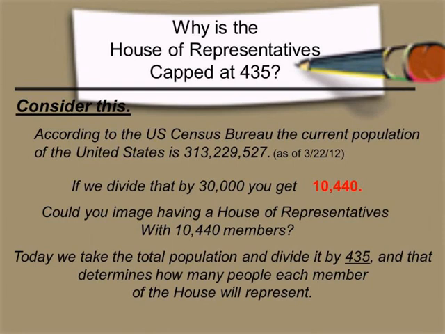In other words, instead of saying that each state will have 1 member of the House of Representatives for every 30,000, as the Constitution originally said, now we divide the population by 435, come up with the figure of roughly 720,000, and today, when we reapportion seats in the House of Representatives, we give each state 1 seat for each 720,000 people, approximately.